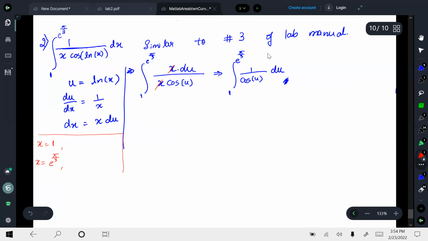Now we have considered u as ln of x, right? So what is log of 1 or ln of 1? Ln of 1.